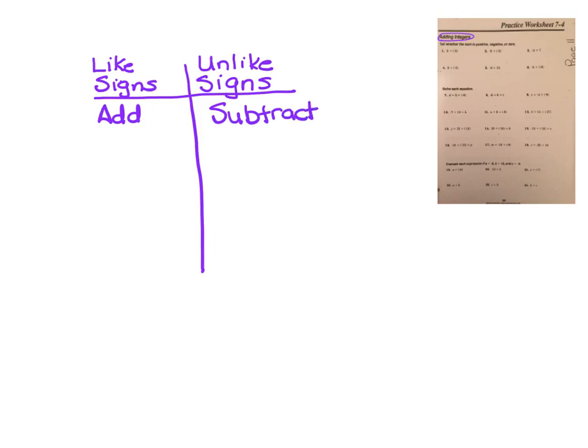Let's take a look. If we have a gain of 5 units, or a positive 5, plus a gain of 2 units, we add the units up and we get a positive 7. Now, we don't often write the positive symbol in front of each value. Typically, this would look like this.